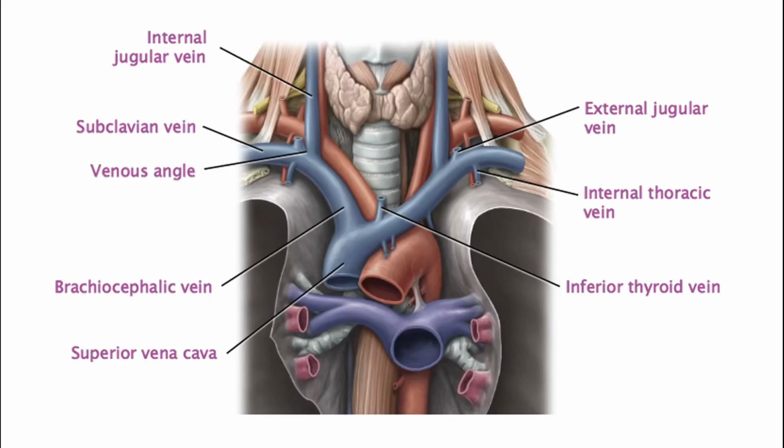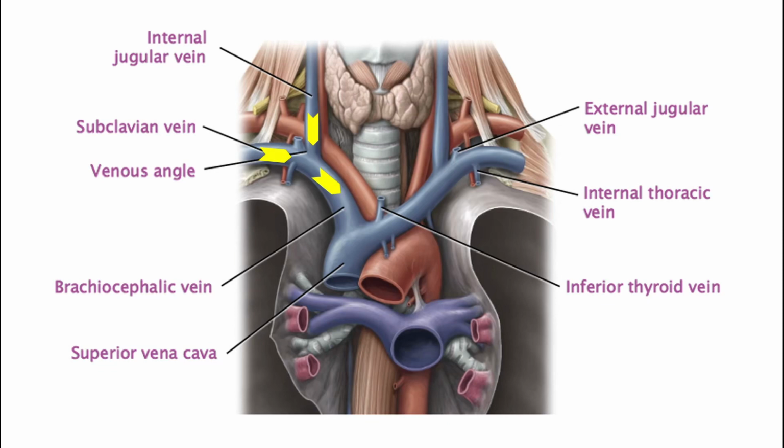Leaving the lower part of the neck and getting into the superior mediastinum, this is going to be the situation. This is the subclavian vein joined by the internal jugular vein and forming the brachiocephalic vein.